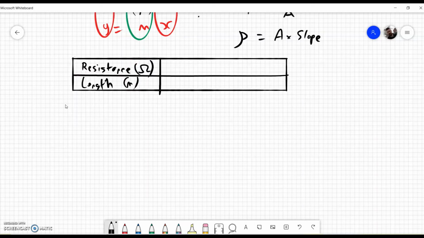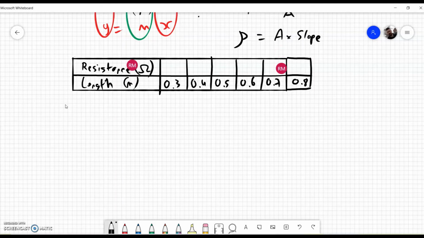Okay. So my values for length are going to be 0.3, 0.4, 0.5, 0.6, 0.7. I'll just have to extend this table a little bit. 0.8, and do I have another one? Oh, so that's as far as it goes.